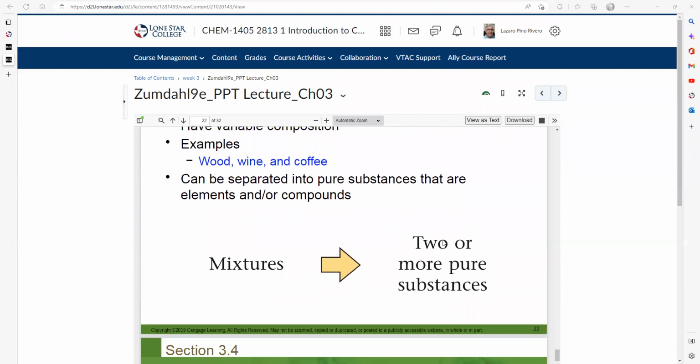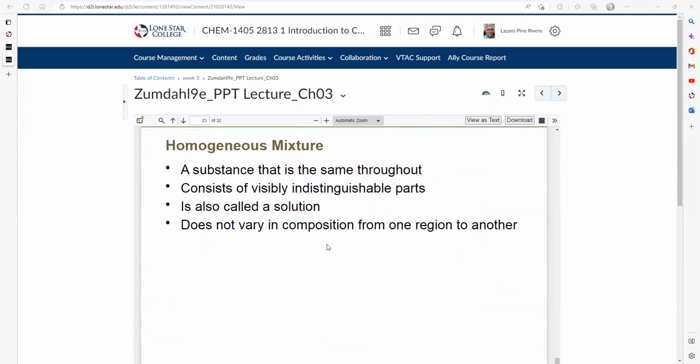Mixtures are made of two or more pure substances. Homogeneous is a substance that is the same throughout. You cannot distinguish any of the parts. They are called a solution.